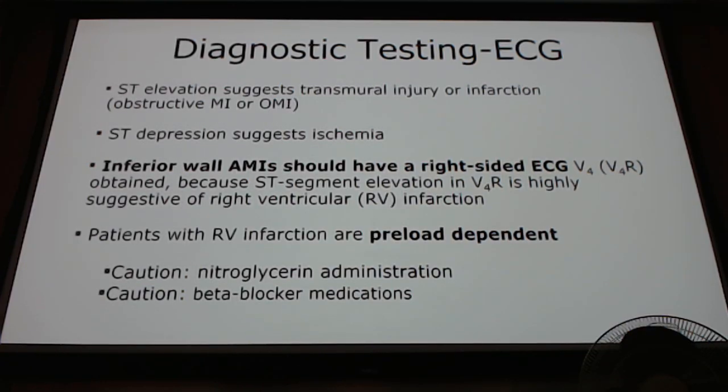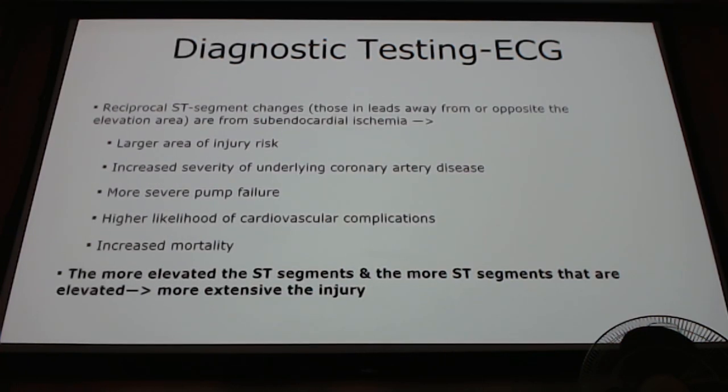We don't use beta blockers for anybody in the emergent setting anymore. It will be something they'll probably get in the first 24 hours after their STEMI, but it's not something done emergently in the ER. Reciprocal changes indicate there's a larger area of injury at risk, so that's why we look for those reciprocal changes. More severe pump failure, and then high-risk complications, mortality.